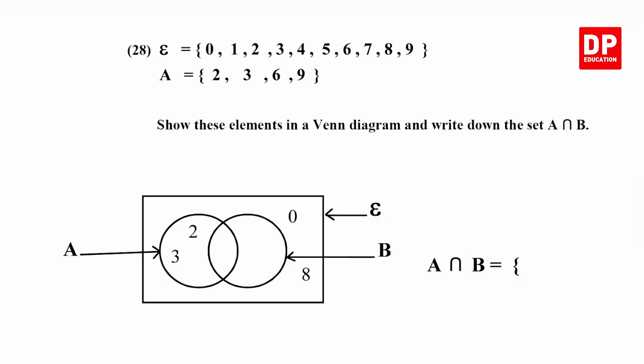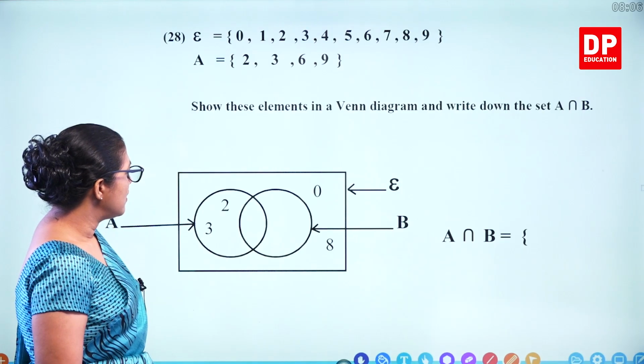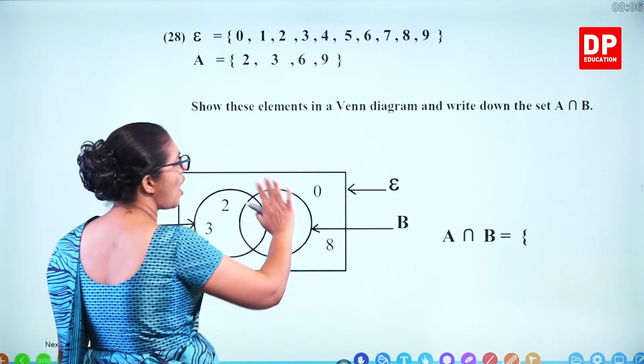Look at this question. You are given the universal set 0, 1, 2, 3, 4, 5, 6, 7, 8, 9, the Hindu-Arabic number system, and A is given as 2, 3, 6, 9. Show these elements in a Venn diagram and write down the set A intersection B. So this is given, 0, 8 outside.